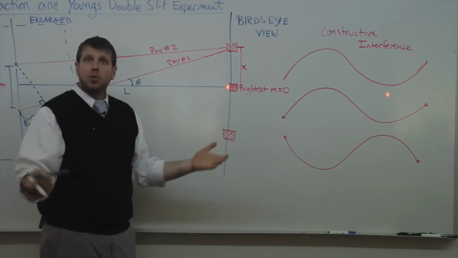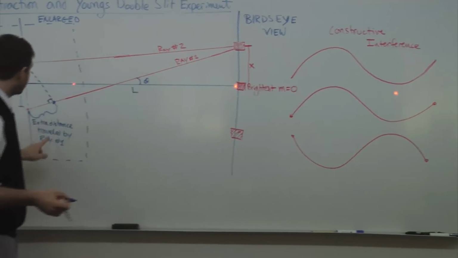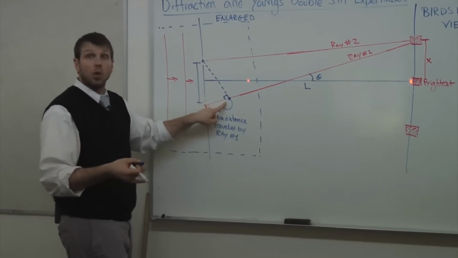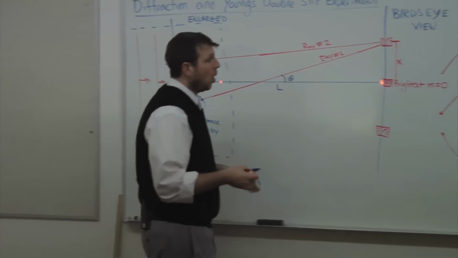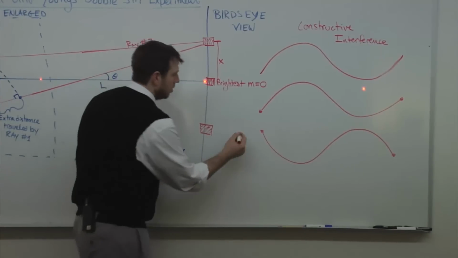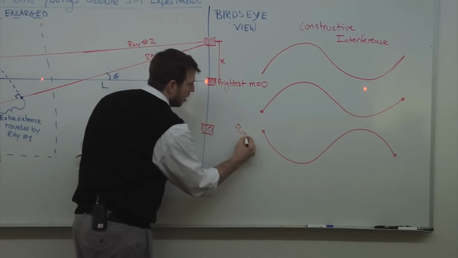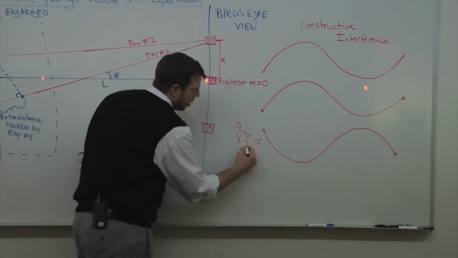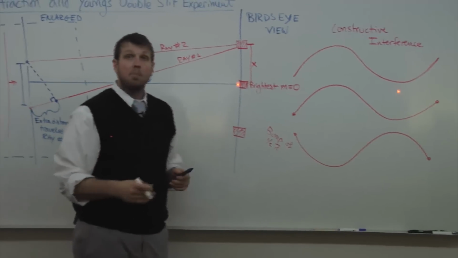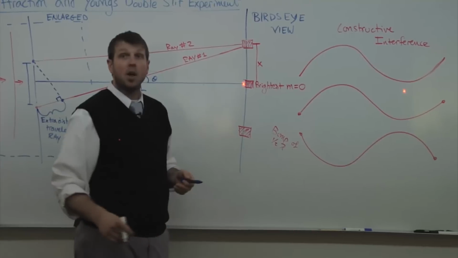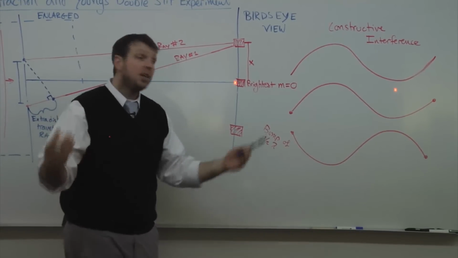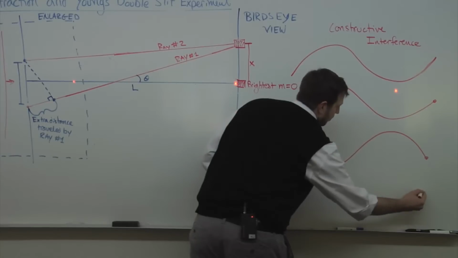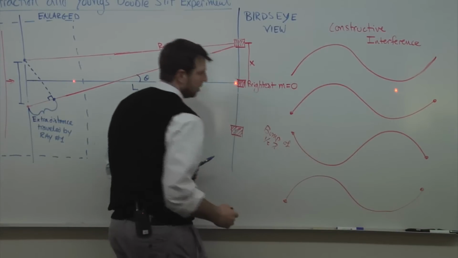So what would I have to do to get another constructive interference? Consistent with how many extra wavelengths are in this extra distance ray 1 actually travels. Well, what if I bumped it over, let me define this, a bump of 1/2 of a wavelength? Remember, wavelength is lambda. What if I bumped it over again by another 1/2 wavelength? Well, then you see we get back to peak and valley.